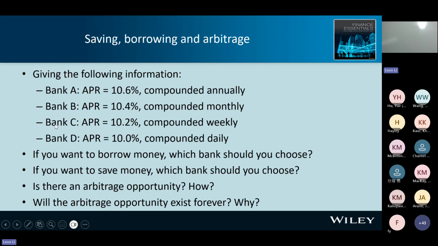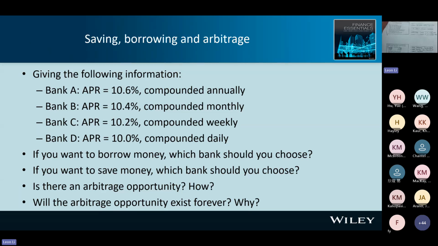B, monthly. C, weekly. D, daily. If you want to borrow the money, which bank should you choose? If you want to save the money, which bank should you choose? Is there an arbitrage opportunity? If yes, how? And does the arbitrage opportunity exist forever, and why? This is an advanced question. So let's do the question together.